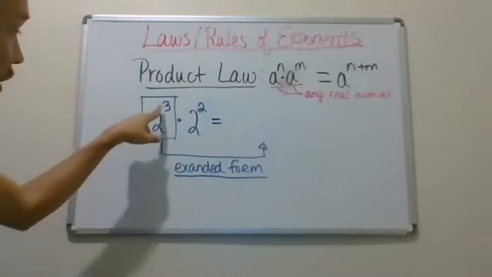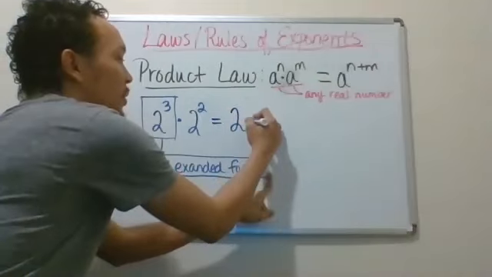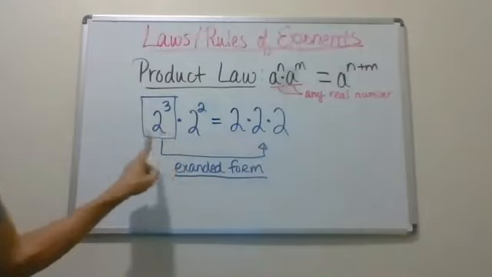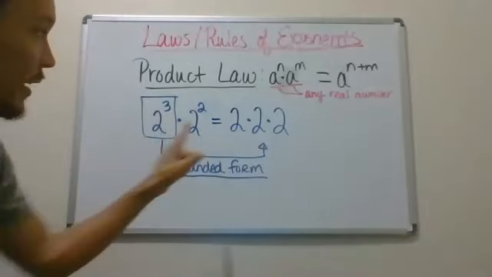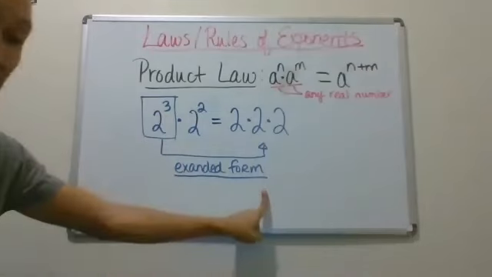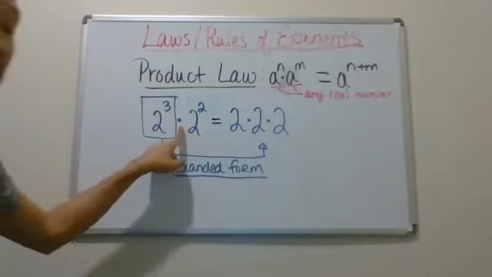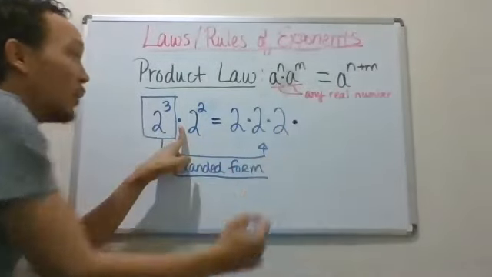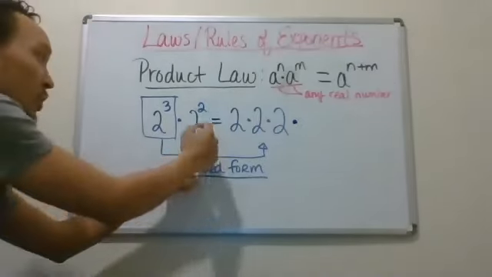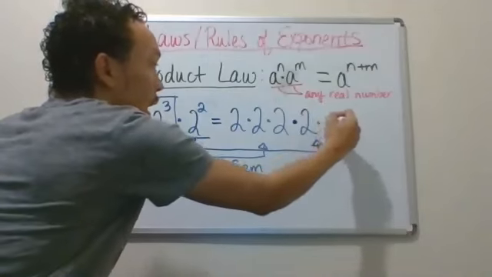So 2 to the 3rd in expanded form is nothing but 2 times 2 times 2, defining what 2 to the 3rd actually means. We keep our operation the exact same. Now we expand my final exponent, 2 squared, so its expanded form is 2 times 2.